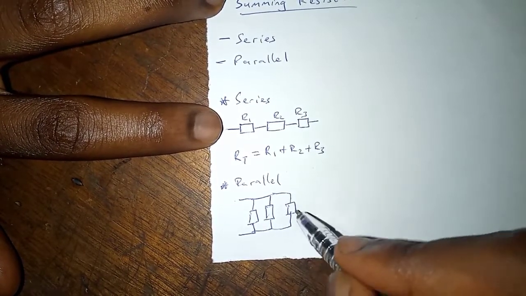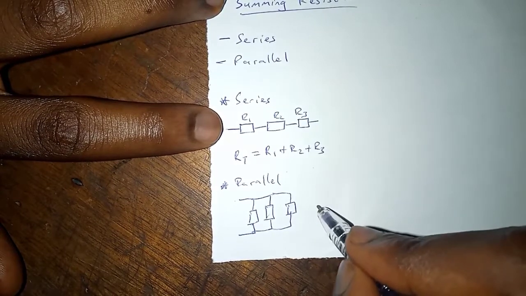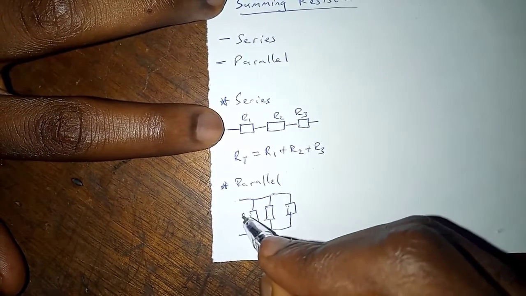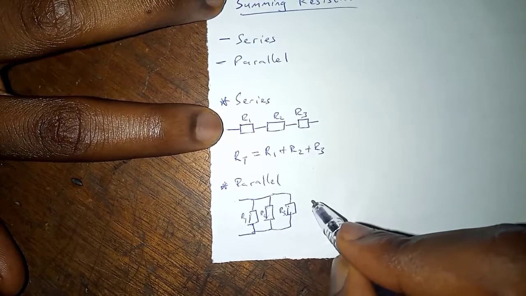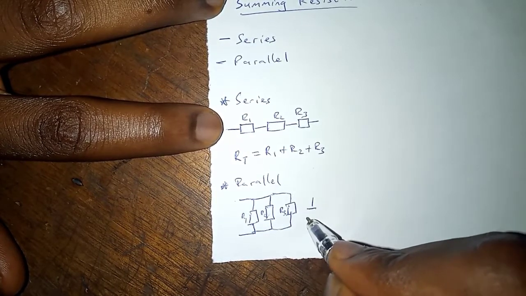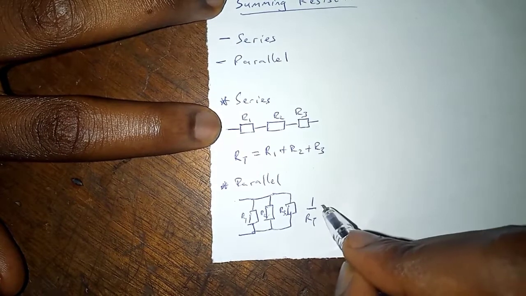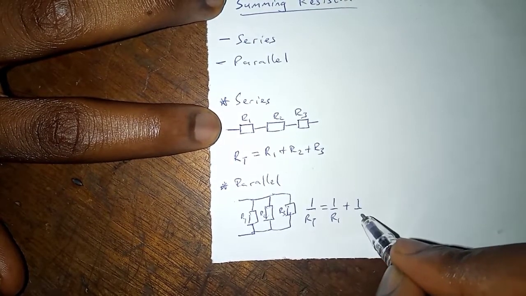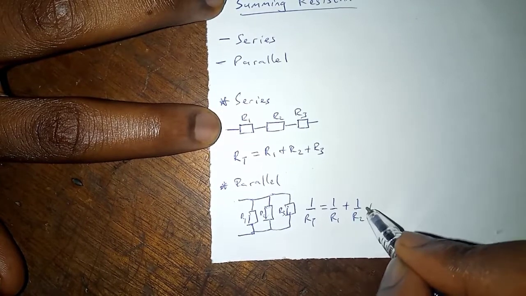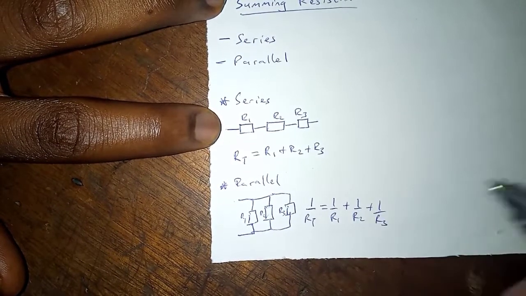The formula used to calculate this, if this is your R1, R2, and R3, is 1 over total resistance is equal to 1 over R1 plus 1 over R2 plus 1 over R3, and so on like that.